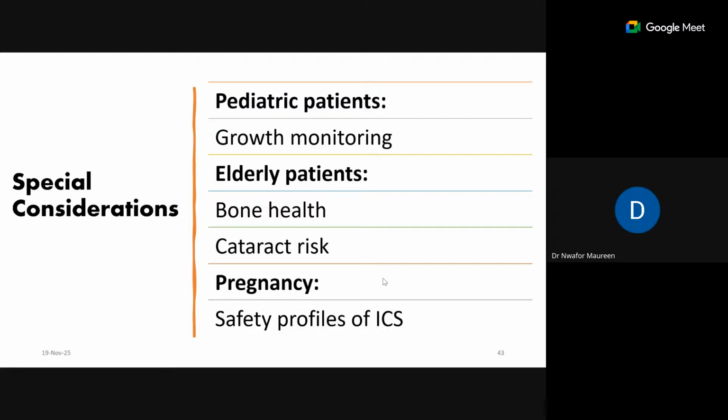And they don't give it for a very long time because of the possible adverse effects on the fetus. Safety profiles must be considered. You look at the risk-benefit ratio before you give any pregnant patient corticosteroids.